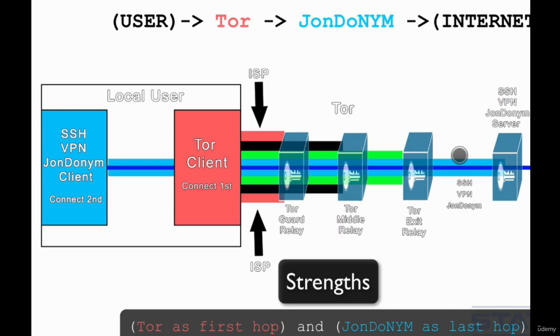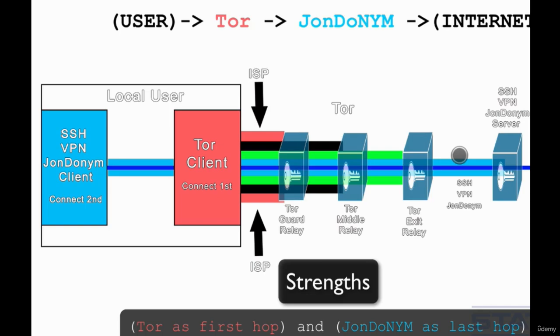Between these two layers, Tor exit relay and SSH, VPN, Jondonym server, the Tor traffic is stopped and cannot reach its destination through this layer if Tor is first hop and SSH, VPN, Jondonym is last hop.